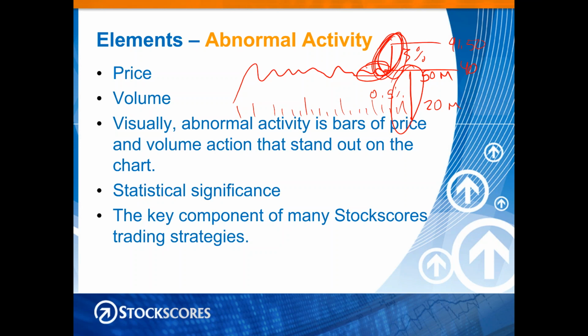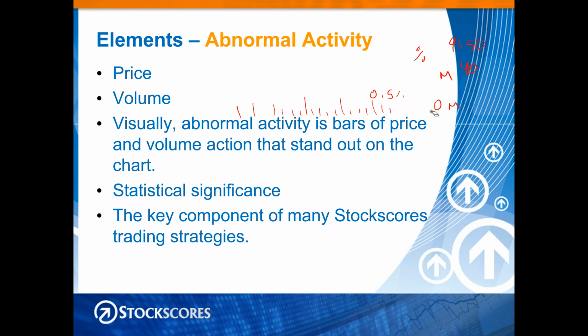And because that jump stands out statistically, with much more volume and a much bigger price jump than normal, what it really means is that it doesn't happen very often. It's not a fluke. Now remember I said earlier that almost all market-beating trends start with abnormal price and volume action.